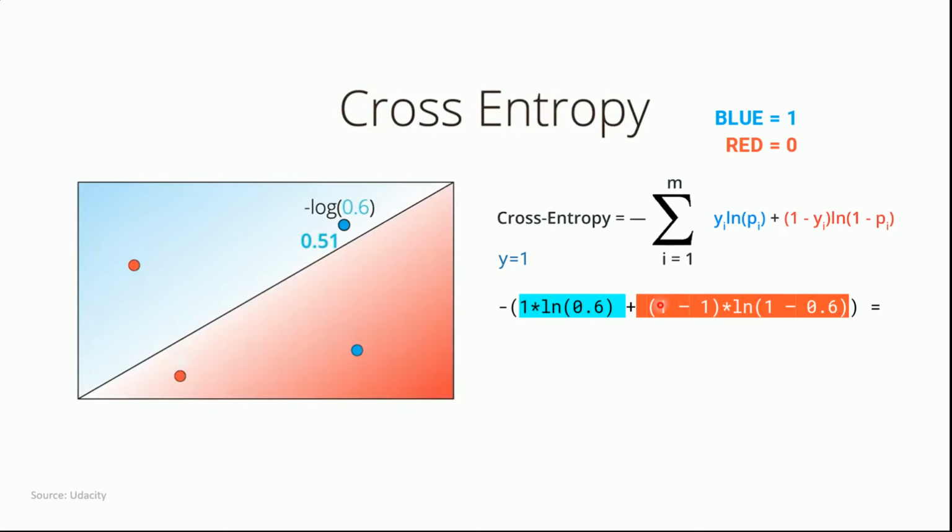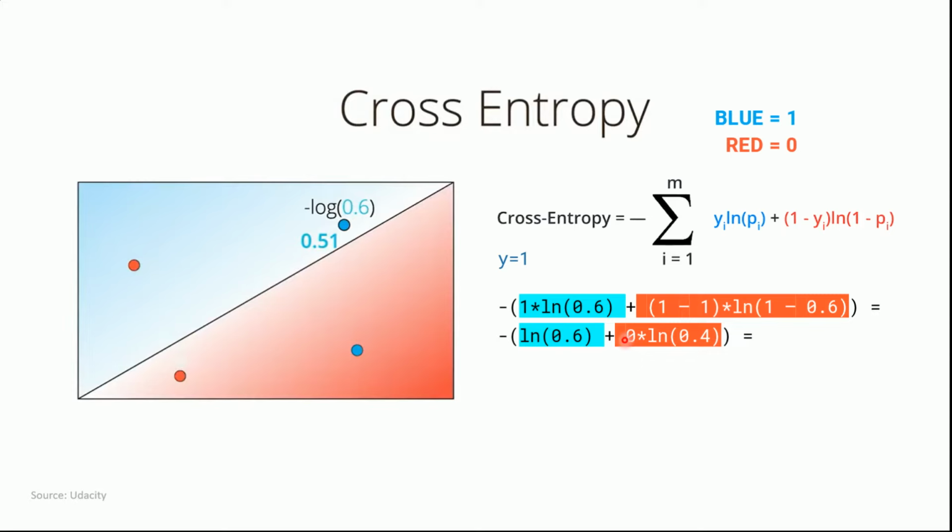Now, since 1 minus 1 produces the number 0, that automatically removes all this part of the equation when it comes to blue points, right? So this will produce the following result. Logarithm of 0.6 plus 0 times the logarithm of 0.4, which is actually 1 minus our prediction, right?